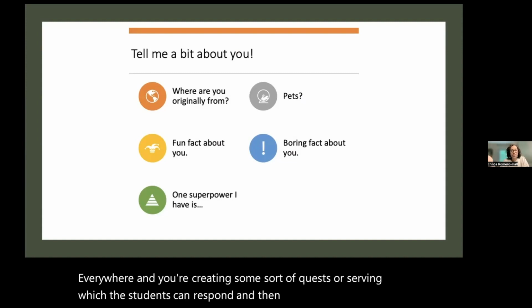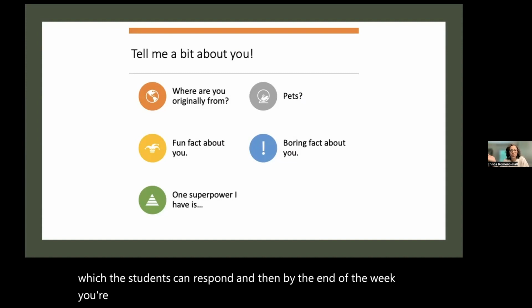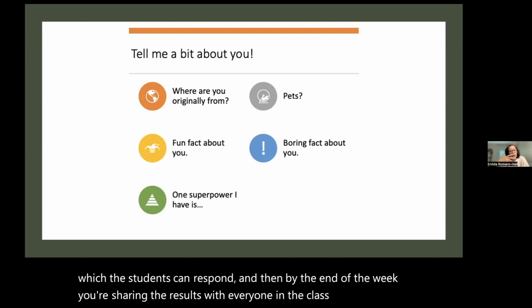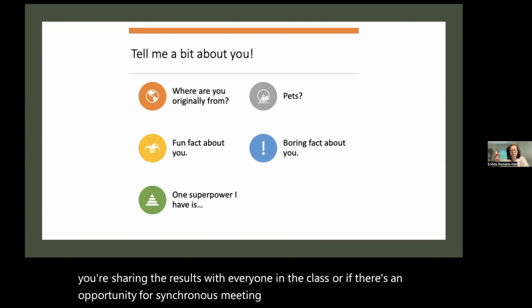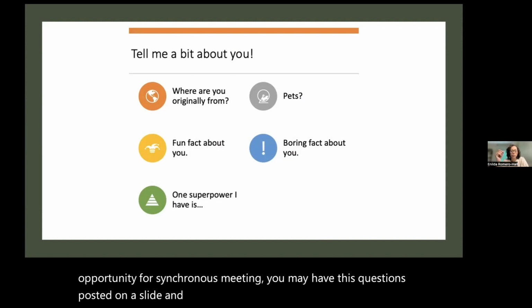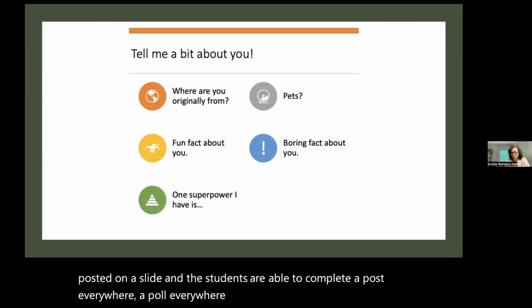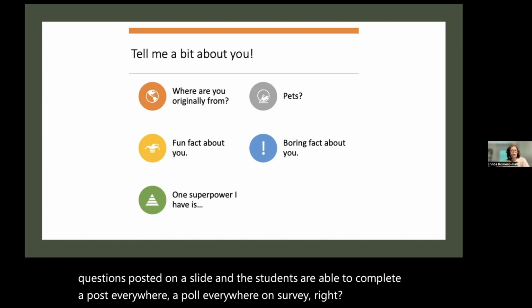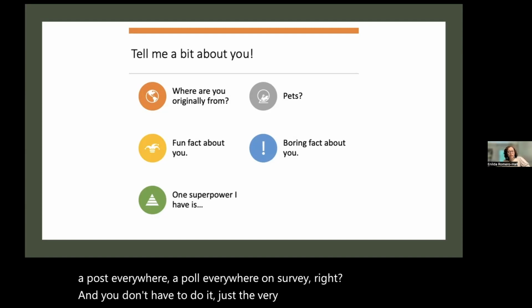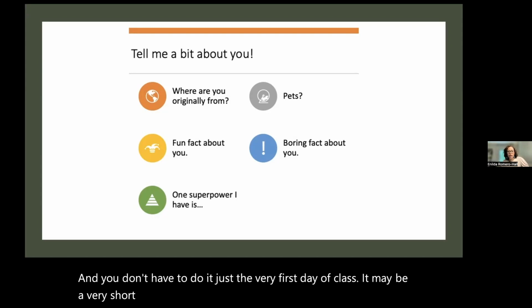And then by the end of the week, you're sharing the results with everyone in the class. Or if there's an opportunity for a synchronous meeting, you may have these questions posted on a slide and the students are able to complete a Poll Everywhere survey, right? And you don't have to do it just the very first day of class. It may be a very short activity that you do at the very beginning of a class session or at the very beginning of a module.